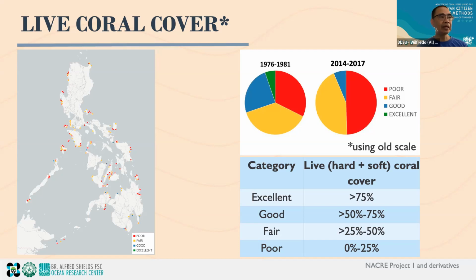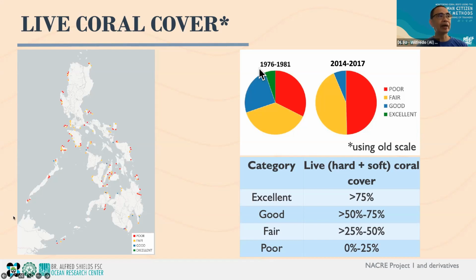But many other people think na when they see the term live coral cover, they're referring to hard coral cover that's alive. Either way, the scale is an arbitrary scale na quartiles.